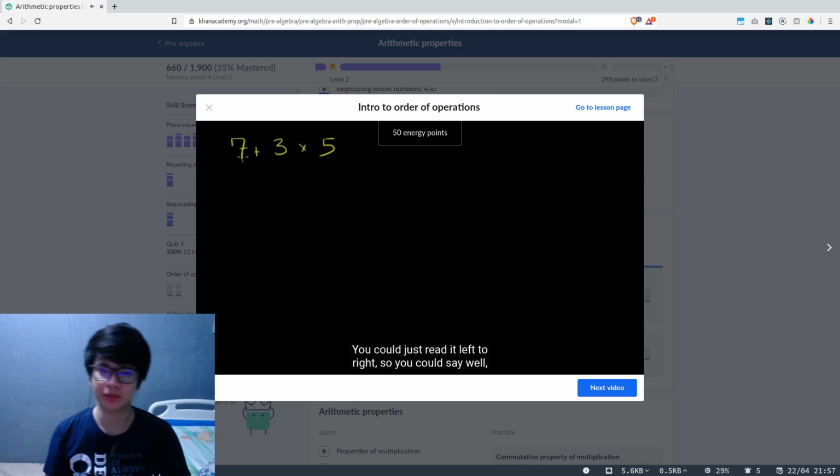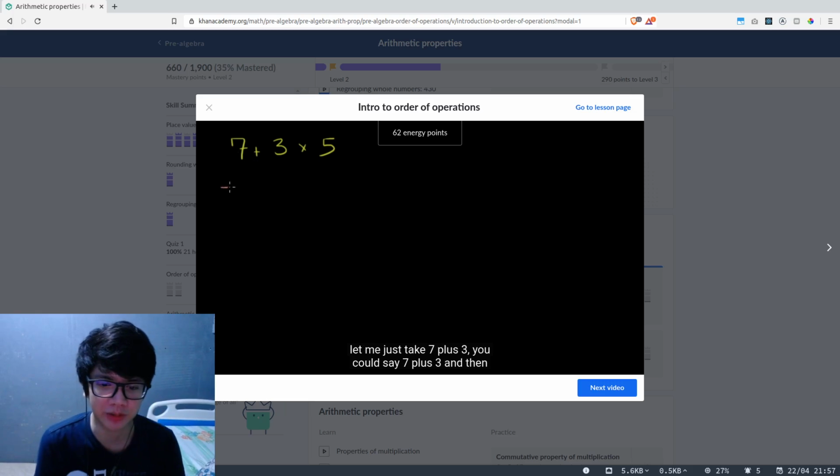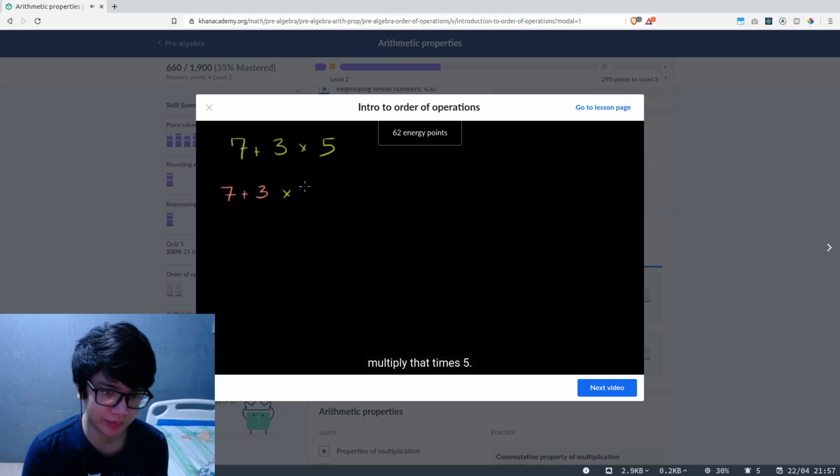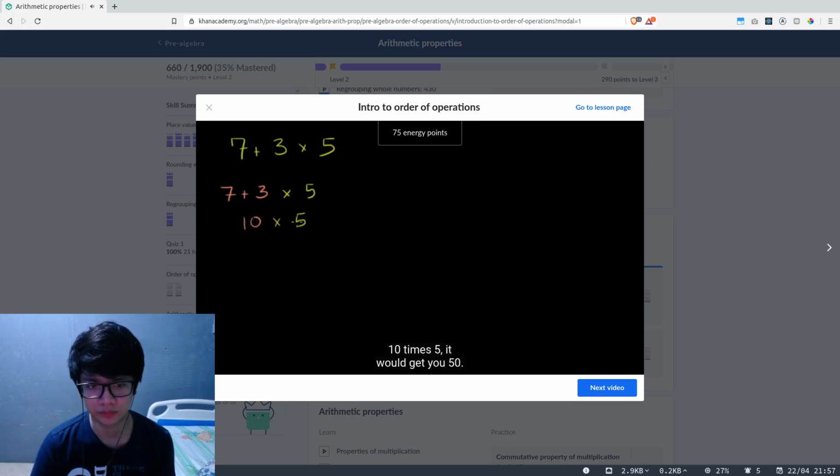You could just read it left to right: 7 plus 3, and then multiply that times 5. 7 plus 3 is 10, and then you multiply that by 5. 10 times 5 gets you 50.